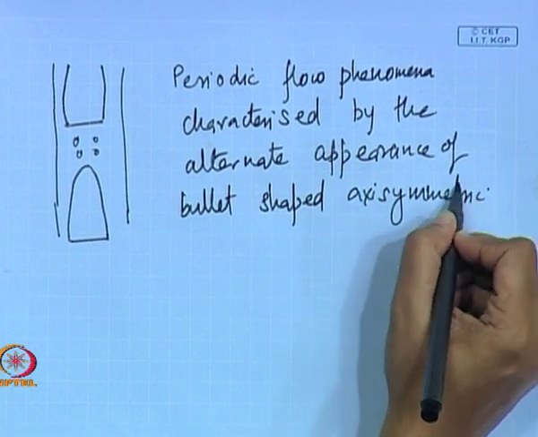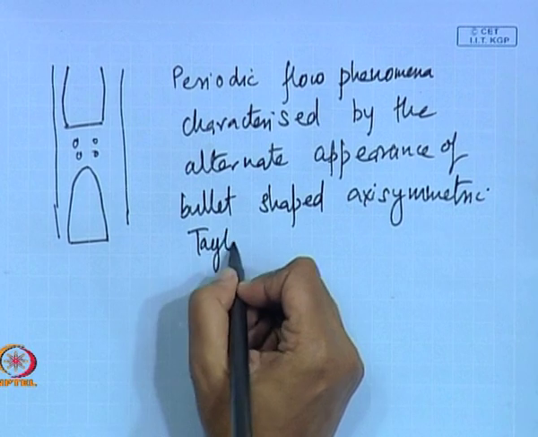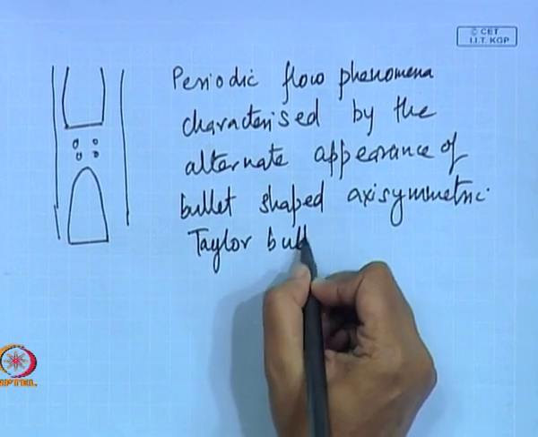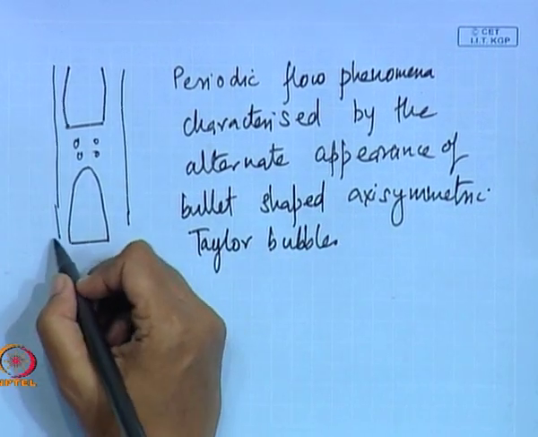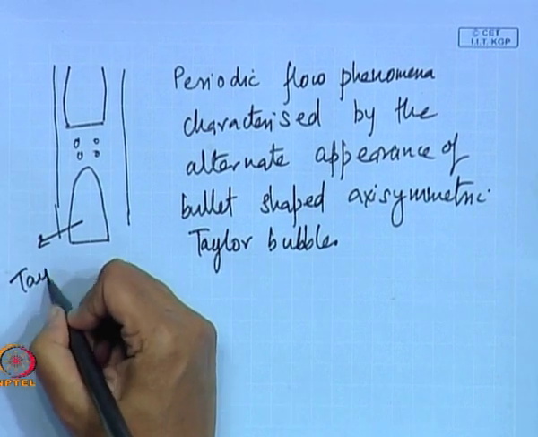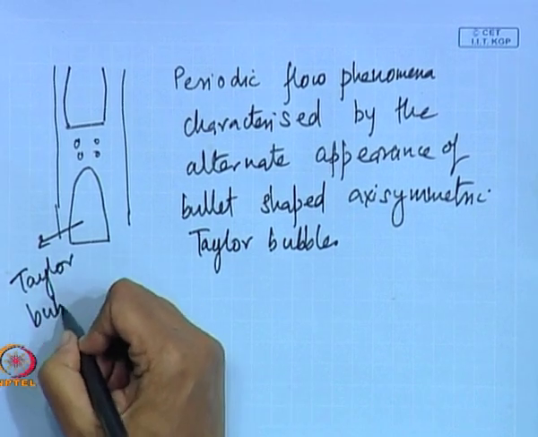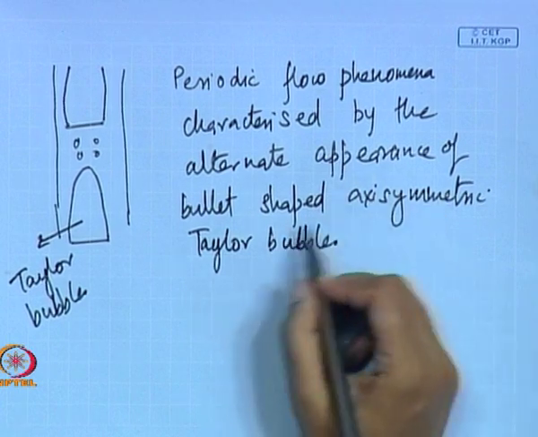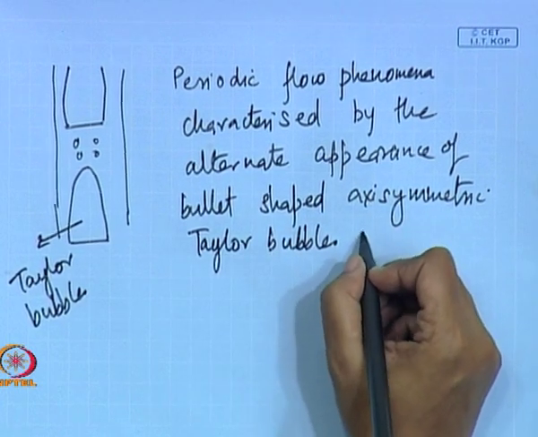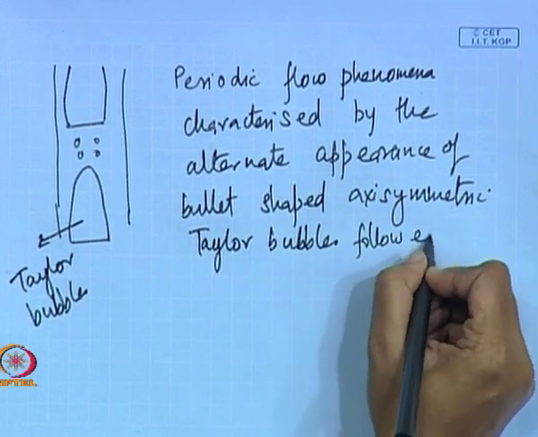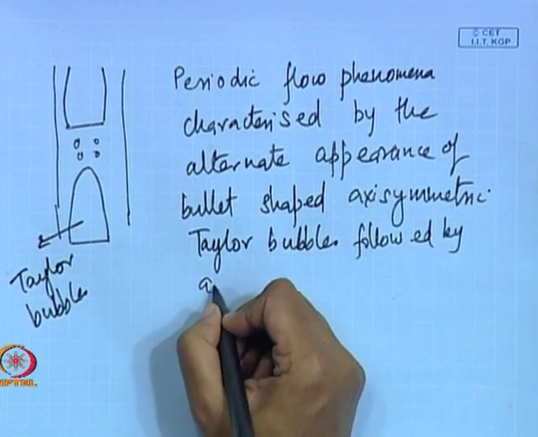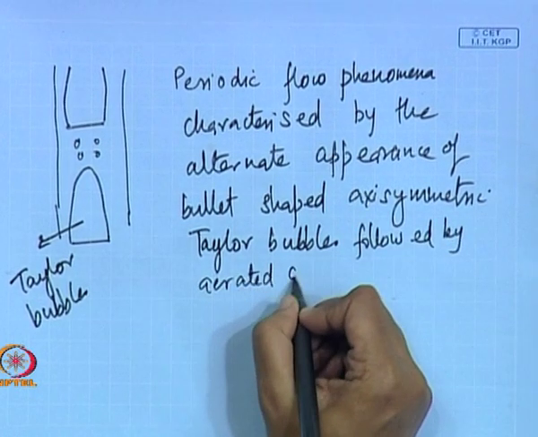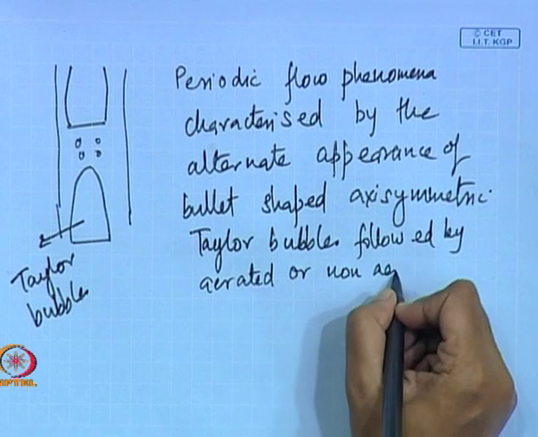These bubbles were first observed and studied in great detail by Davies Taylor, and from henceforth they have been named the Taylor bubbles. Bullet shaped axisymmetric Taylor bubbles followed by aerated or non-aerated liquid slugs.